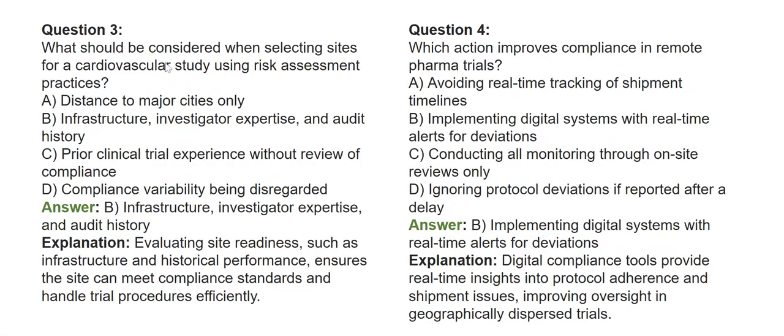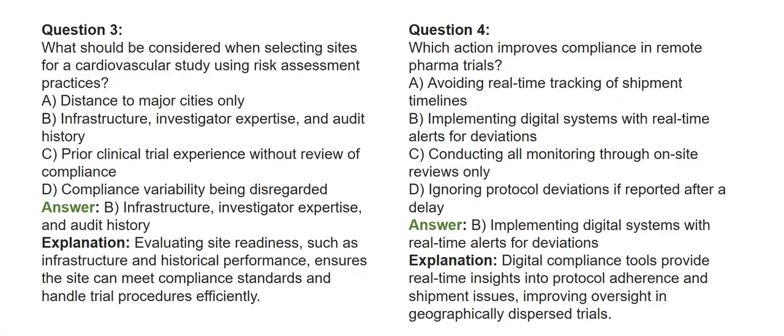Question 3: what should be considered when selecting sites for a cardiovascular study using risk assessment practices? A, distance to major cities only. B, infrastructure, investigator expertise and audit history. C, prior clinical trial experience without review of compliance, or D, compliance variability being disregarded.